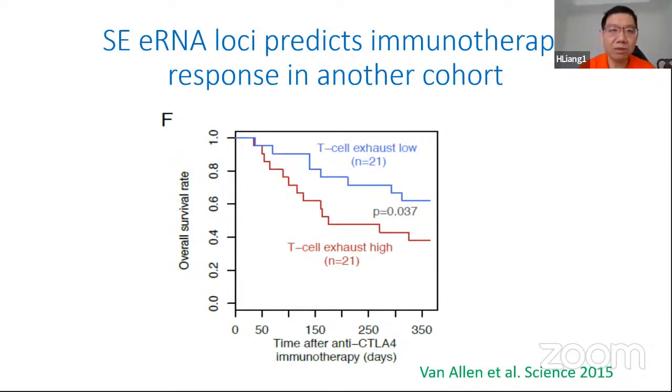After that, you can see using our enhancer RNA signal, which we inferred from CT-PD-L1, you also can predict the immune therapy response. So again, when the T cell exhausted signal is high, you have bad survival. When you have T cell exhausted low, you have good survival.